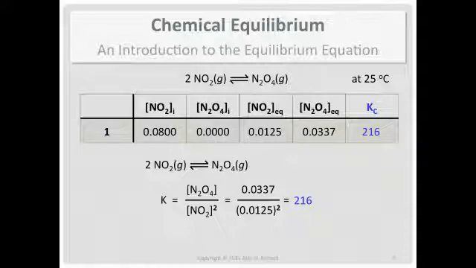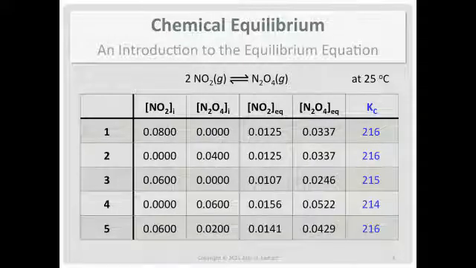You can also have a Kp if you use pressures, and you can have others too, which we'll reveal as the course continues. As far as the temperature there in the upper right, that doesn't come into the calculations, but it is needed because at different temperatures you expect to have different equilibrium constants. So those values for the equilibrium constant in the far right column come from equilibrium values.